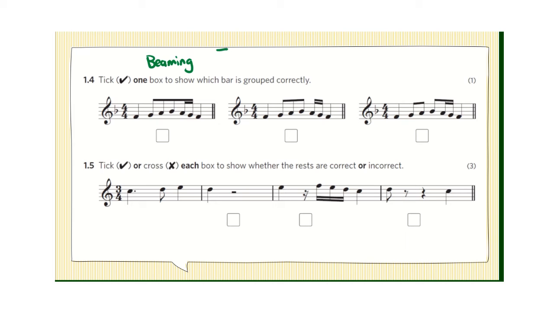So the thinking step is always take a look at the time signature. In this question 1.4, all the time signatures will be the same because it's one question, but out of these three, you have to pick the one that is correct. Based on the time signature, you must think of the grouping.